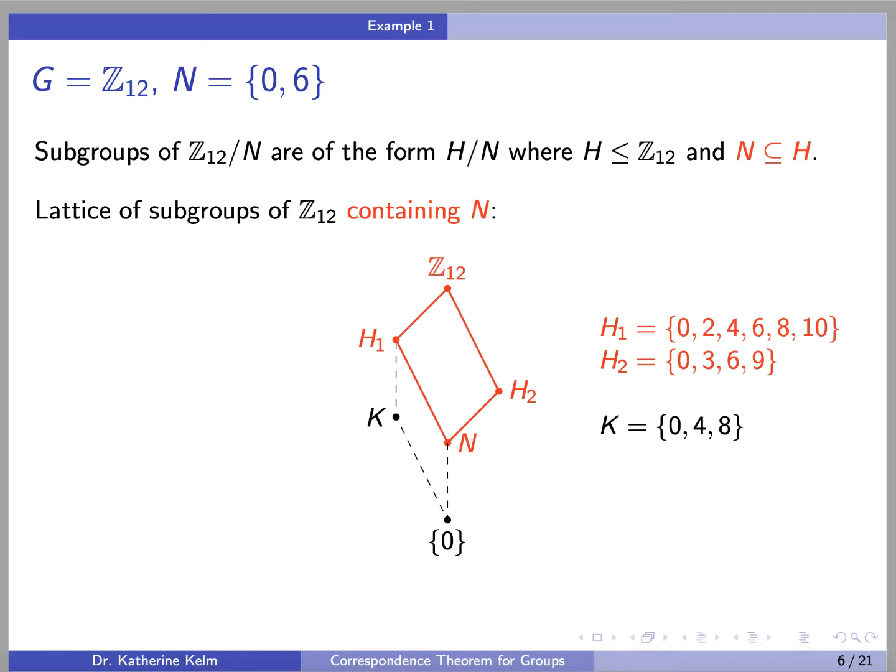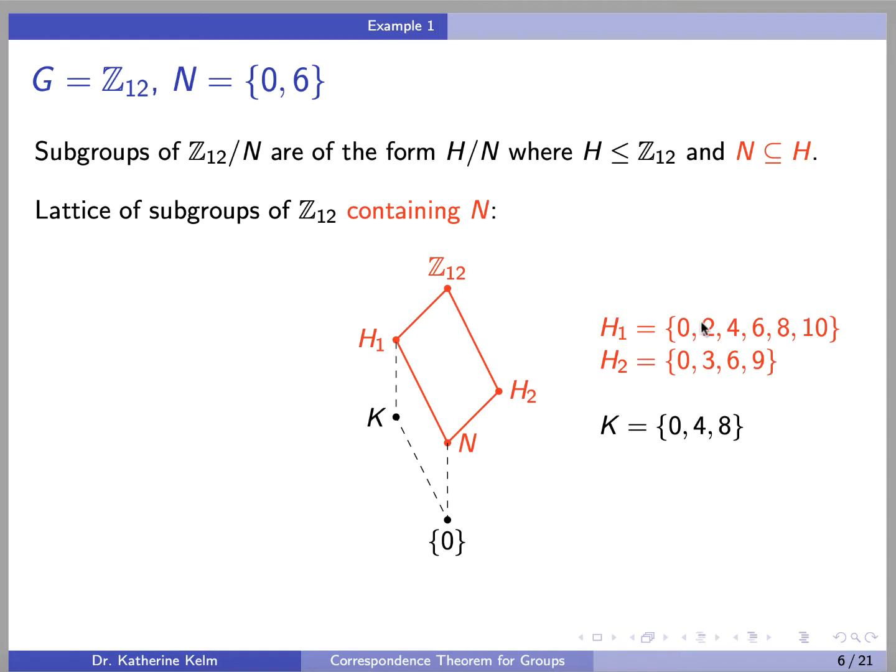Now I'm actually showing you the lattice of all the subgroups of Z12 just for comparison, but the trivial subgroup and this subgroup K consisting of 0, 4, and 8 do not contain N. The subgroups that do contain N are N itself, Z12, and these subgroups H1 and H2 given here.